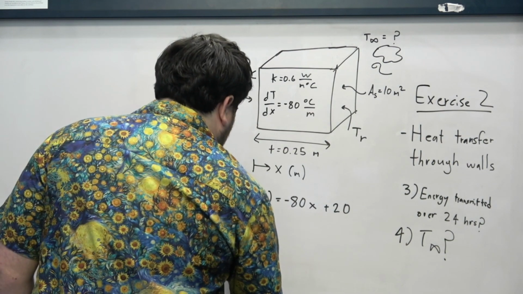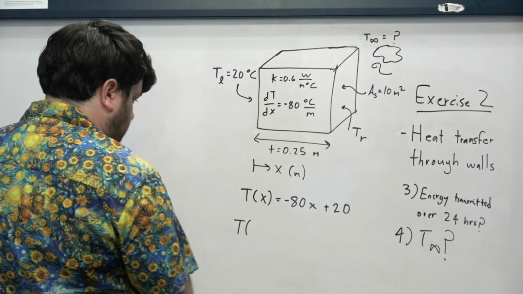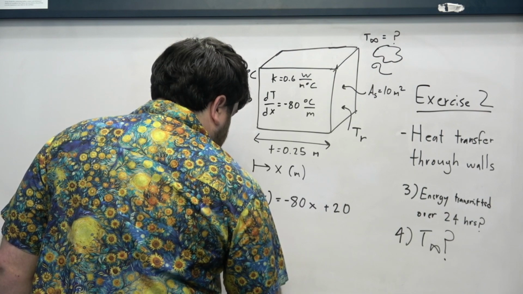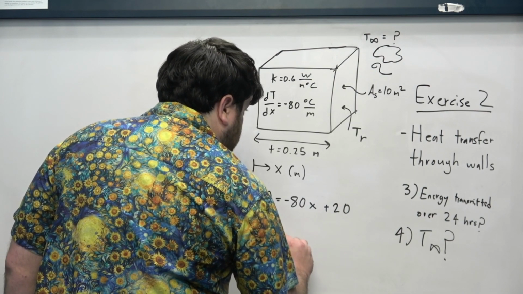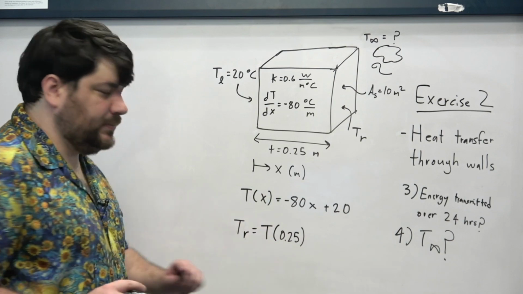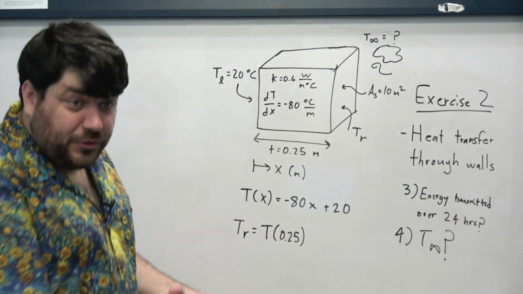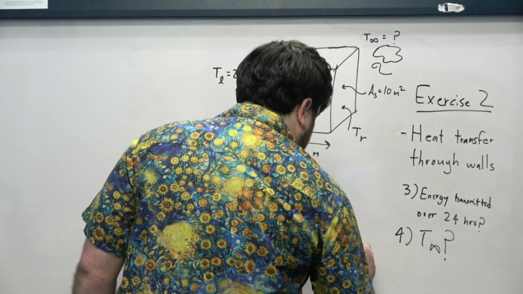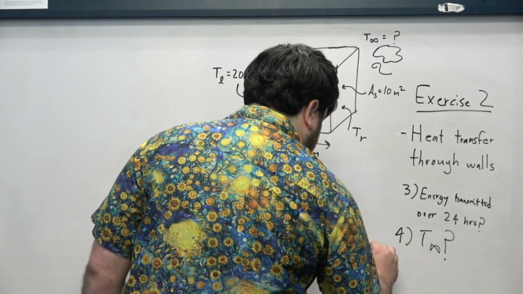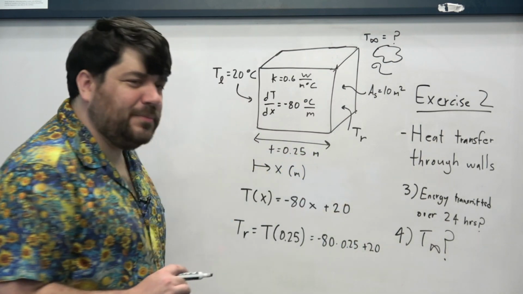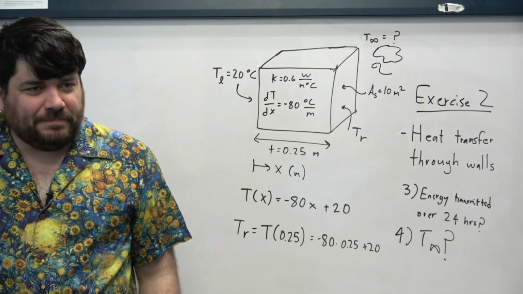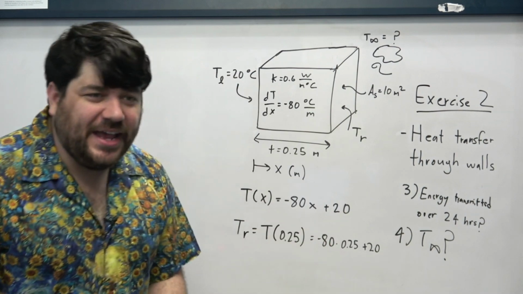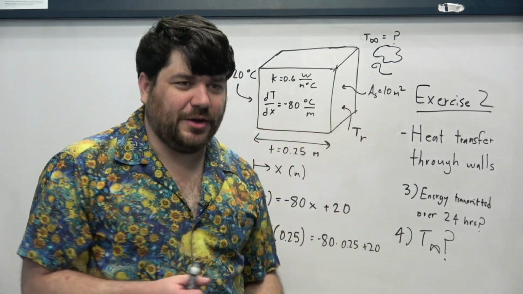So if we want to figure out TR, all that we're doing is we're just determining what the temperature is at 0.25 meters, okay, which is just minus 80 times 0.25 plus 20. So, relatively easy. Of course, from the negative 80, we expect the temperature to drop as we go from left to right.